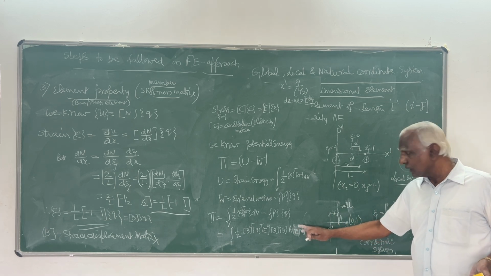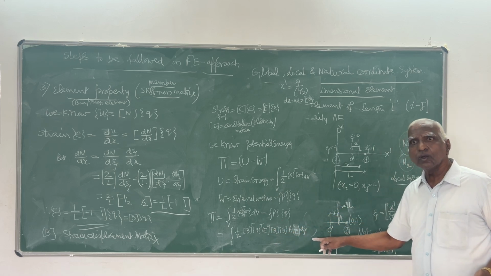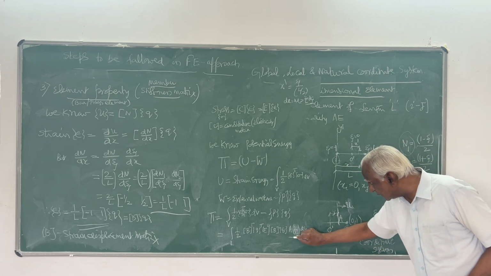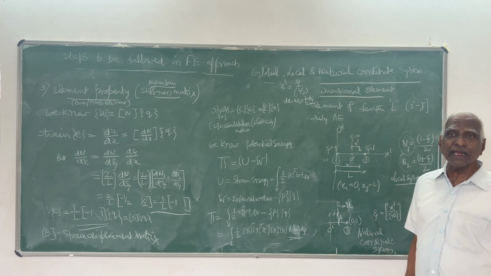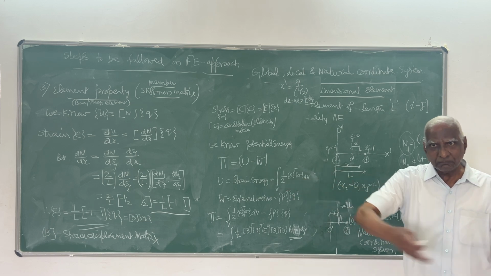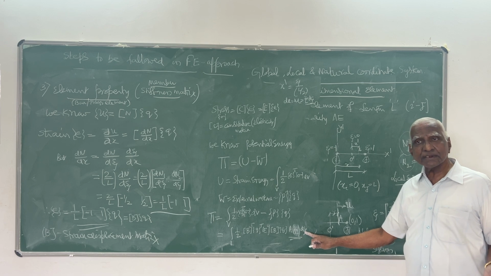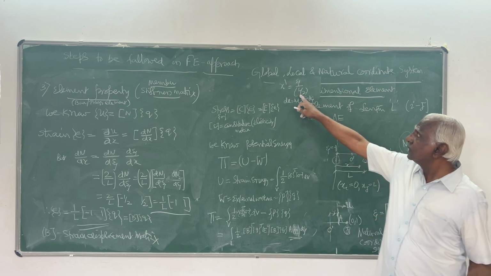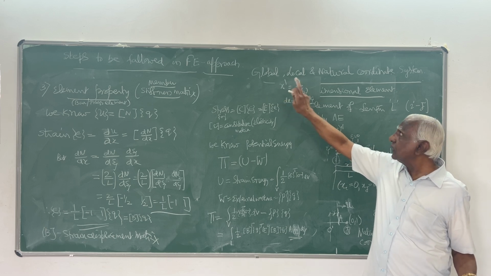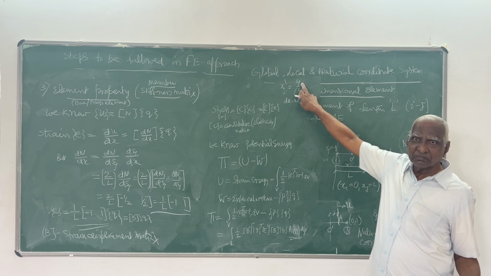It is not just simply converting that global integration to natural integration. This is the change from global to natural coordinate system. This was dl, whether global or local, and that integral I am changing into natural by using this. We know the relationship between local or global and natural.